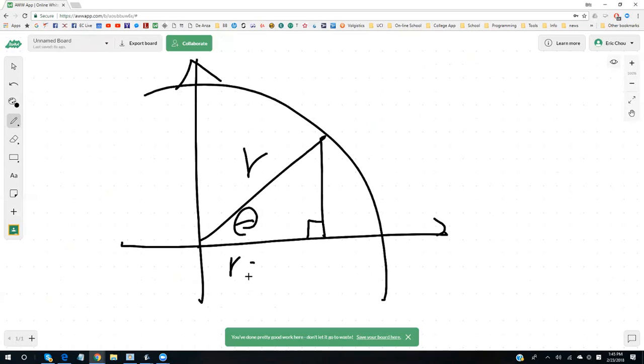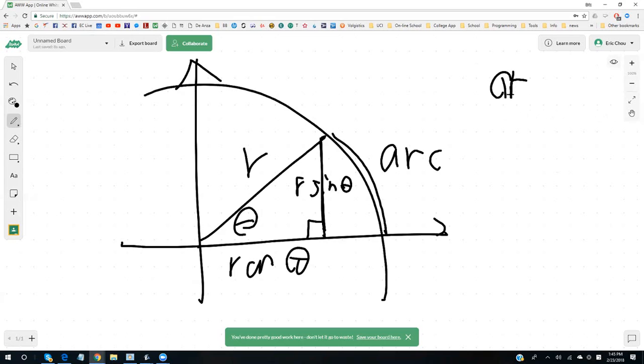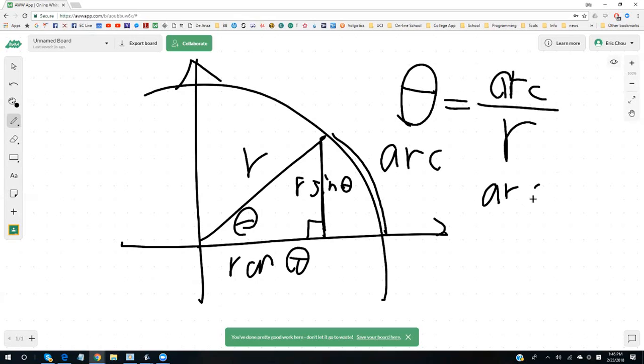Here we have R cosine theta, and this one we have R sine theta. And this arc divided by R, okay? It's the ratio of the arc over the radius. This guy is called theta. So the length of the arc is actually R times theta. And this theta must be in radian.